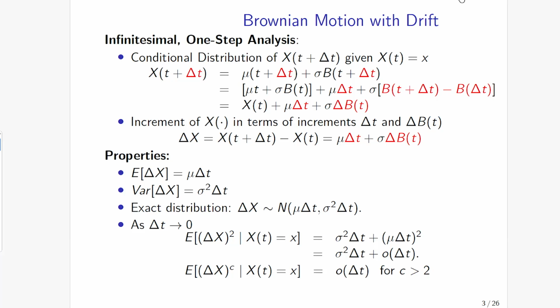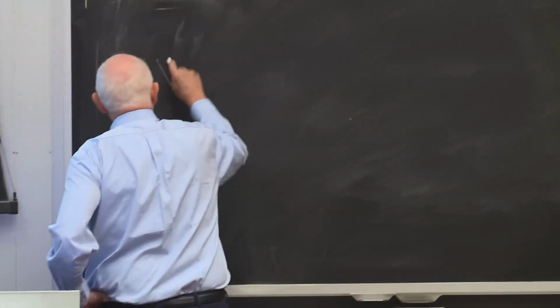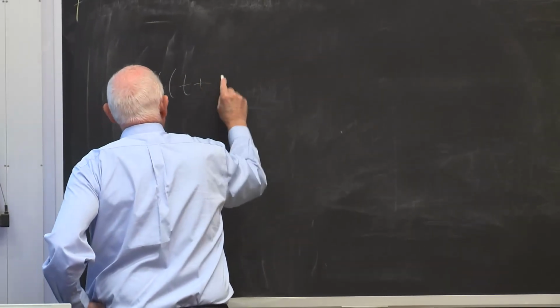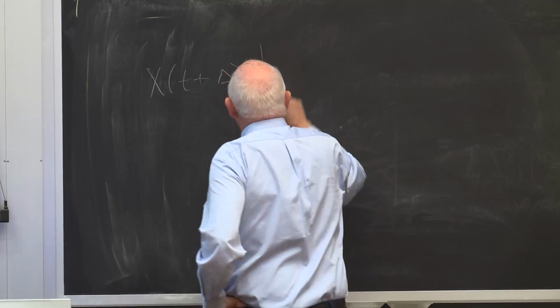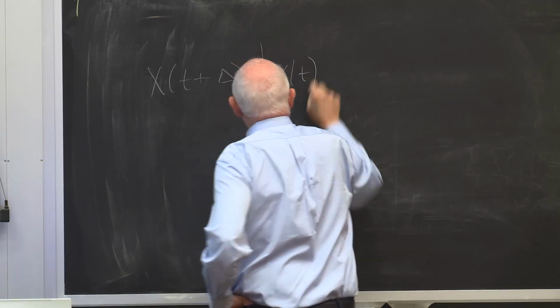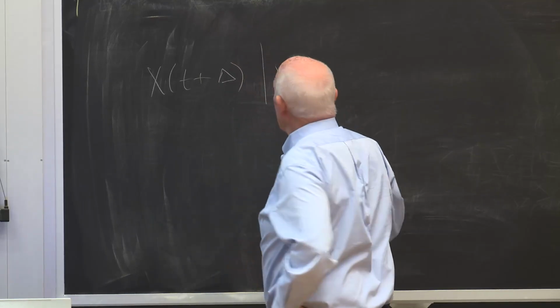Now, in terms of understanding Brownian motion, it's going to be useful for us to focus on the conditional distribution of the value at time t plus delta as a function of the value X of t.